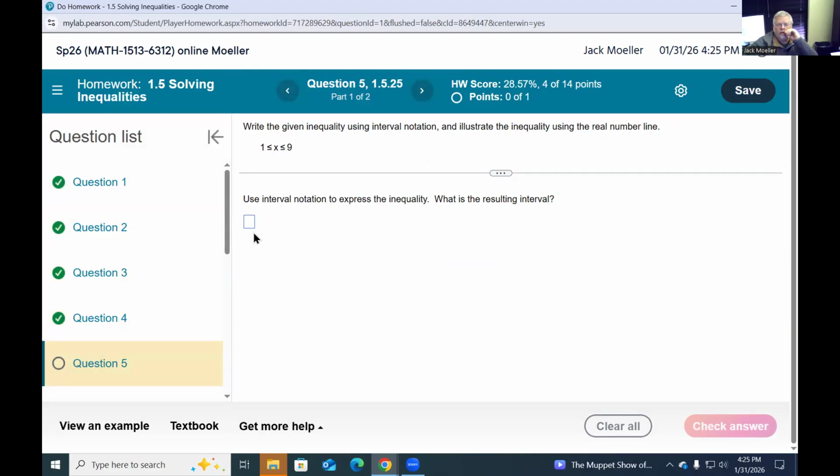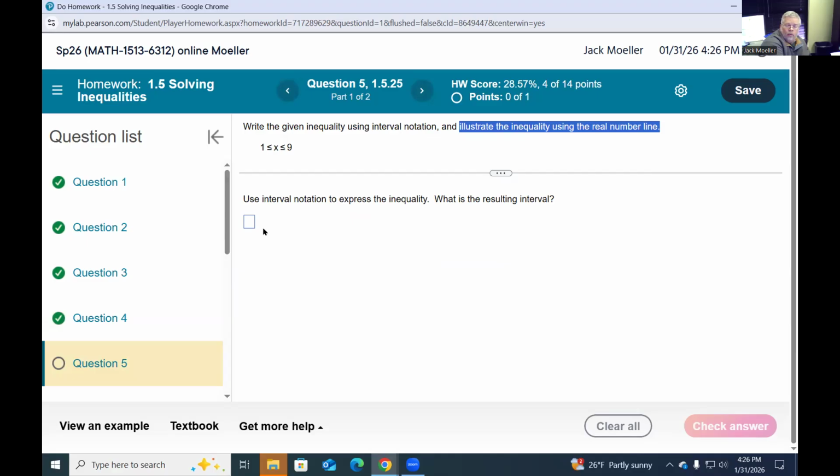Yeah, so this one is interval notation and then illustrate it. So let's start here. For the interval notation, if I was doing this on paper, I would definitely graph it first. MyMathLab doesn't let us do that because it makes us do the interval notation first. So the first thing I would do is go on the number line, 1 and 9.